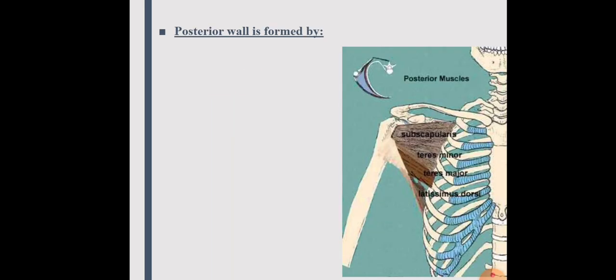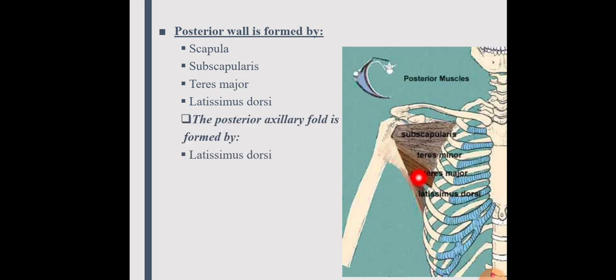The posterior wall is formed by the subscapularis muscle, teres major muscle, and latissimus dorsi, and more posteriorly by the scapula. The posterior axillary fold is formed by the lower border of latissimus dorsi.